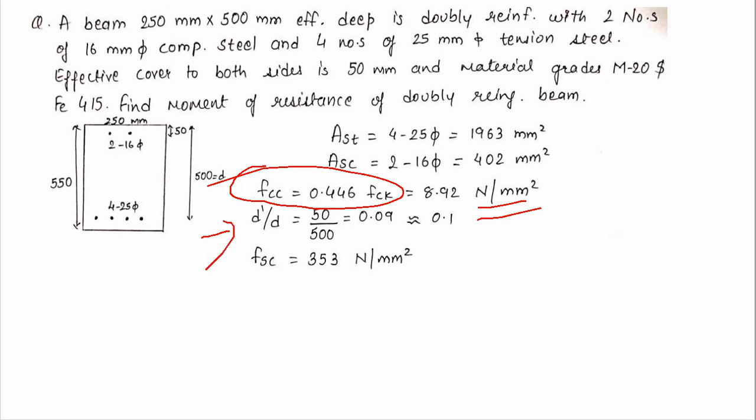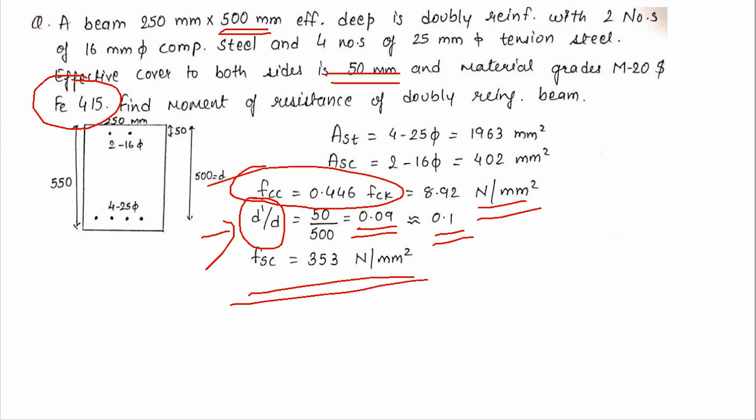And the second thing will be to find FSC, but as it is given Fe415 steel, that is HYSD steel, the equation will be referring to the ratio D dash by D. D dash, that is top cover, is given as 50 mm, and small d, that is effective depth, is directly given in the question as 500 mm. So solving it, we get the answer 0.09, which will be approximated to 0.1, and for 0.1 FSC is always 353 Newton per mm square.